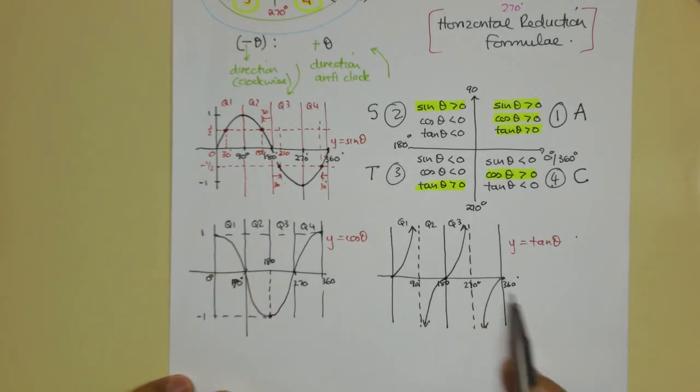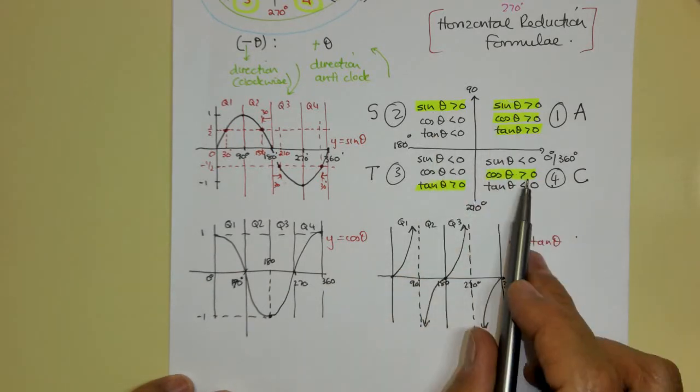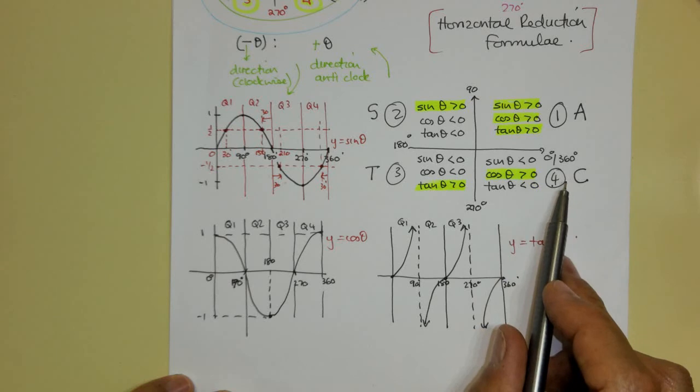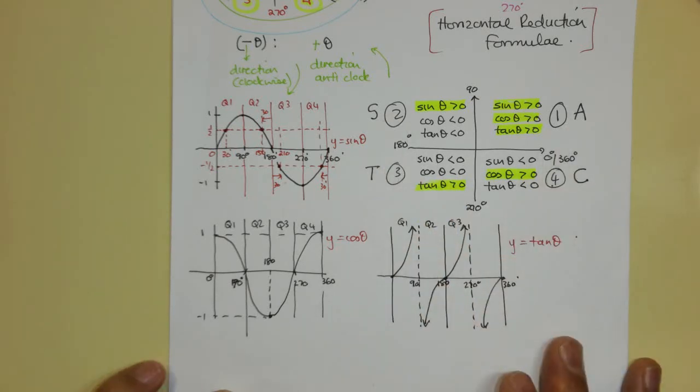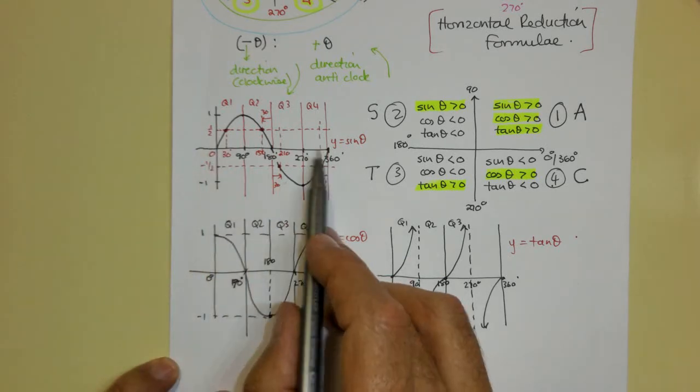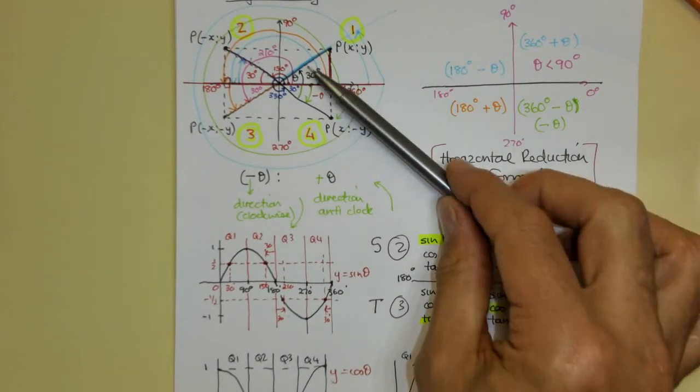In each of these quadrants, we checked where are they positive, where are they negative. Okay, and we decided we're going to remember or remind ourselves that we need to know where they are positive only.